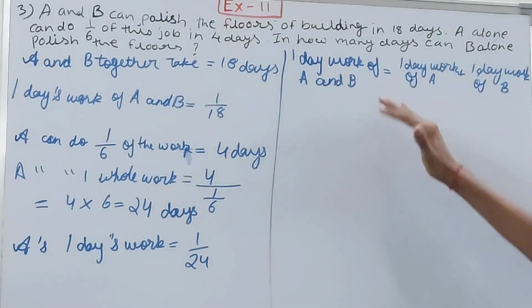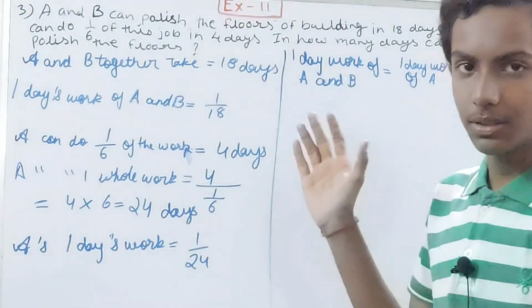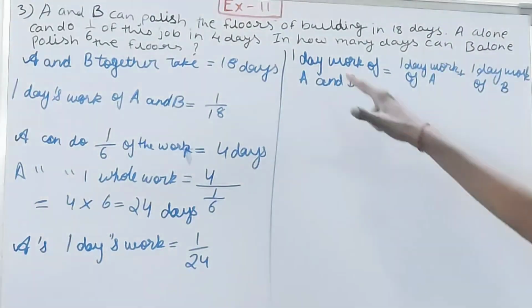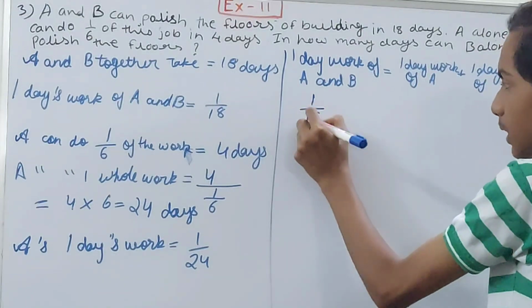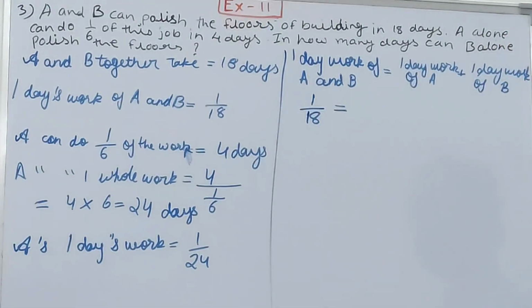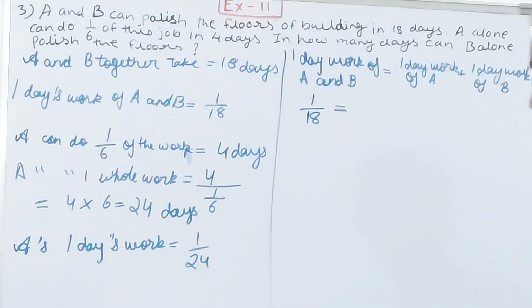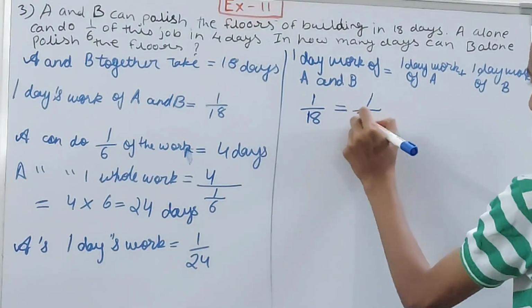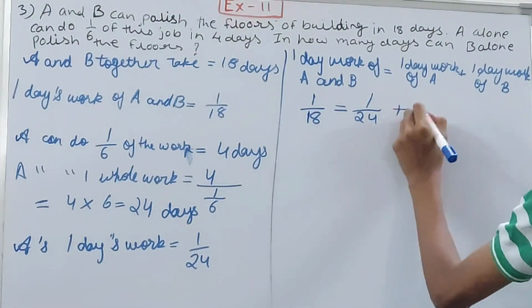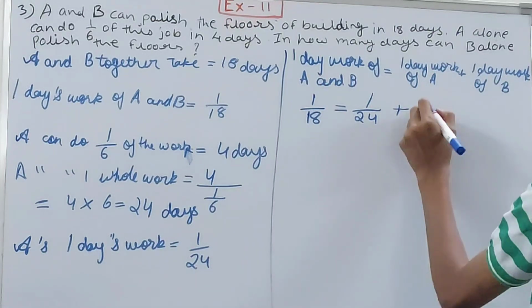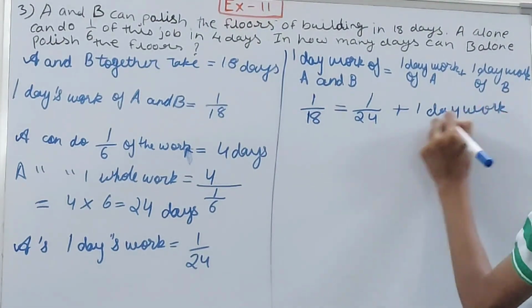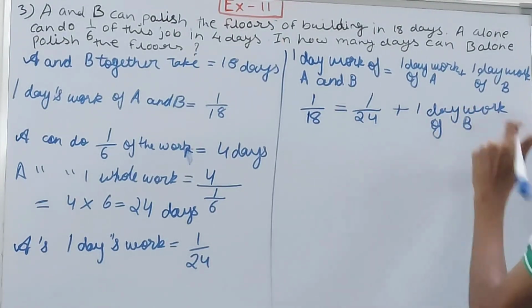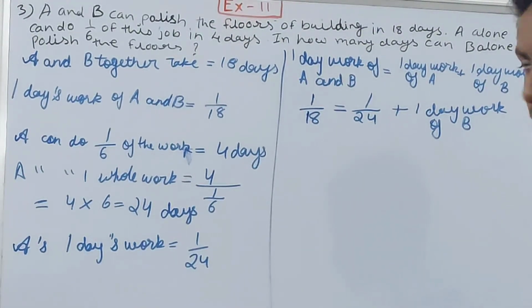So in these things, I can put the values that I have just found. 1 day work of A and B is 1 by 18. This is equal to 1 day work of A, 1 by 24, plus 1 day work of B, which I have not been able to calculate so far, but using this we will calculate it.